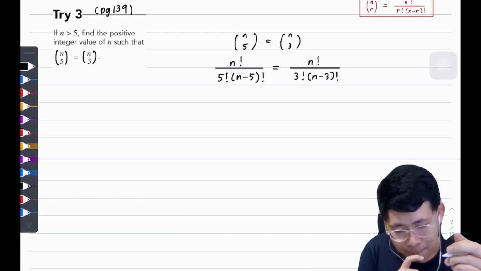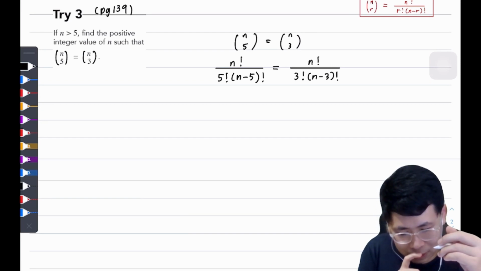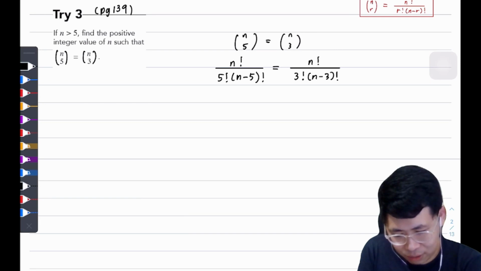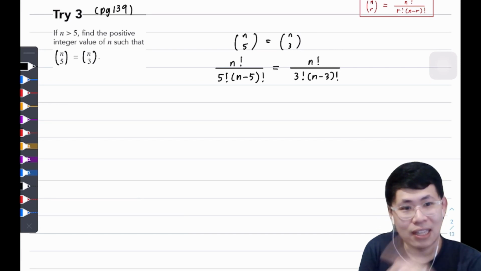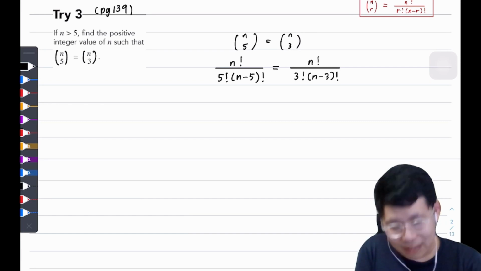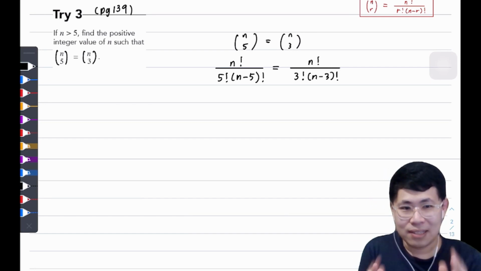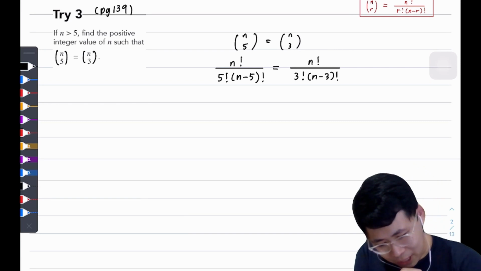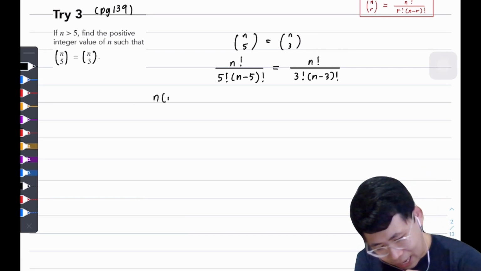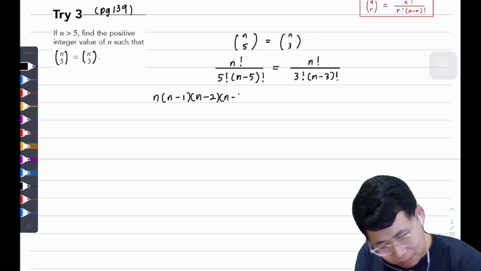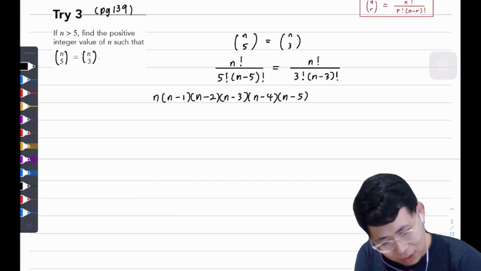How are we going to do this? Let me do an easy thing first. Let me expand the n factorial so that we can cancel on the left and the right. So I expand n factorial: n times n minus 1 times n minus 2 times n minus 3 times n minus 4 times n minus 5 factorial.